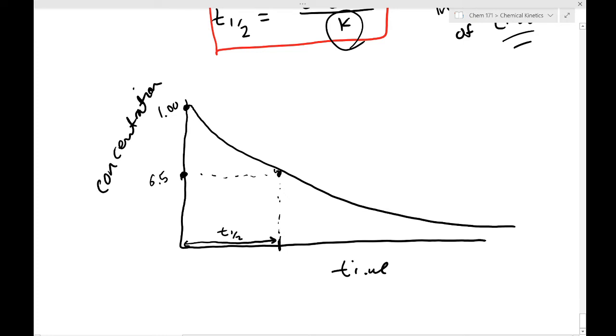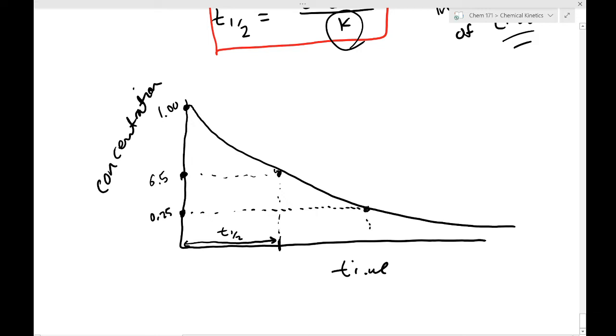Okay, now we can cut this concentration in half. So instead of going from 1 to 0.5, we can go from 0.5 to 0.25. Okay, and as we cut this in half, there should be exactly the same amount of time between these two points.